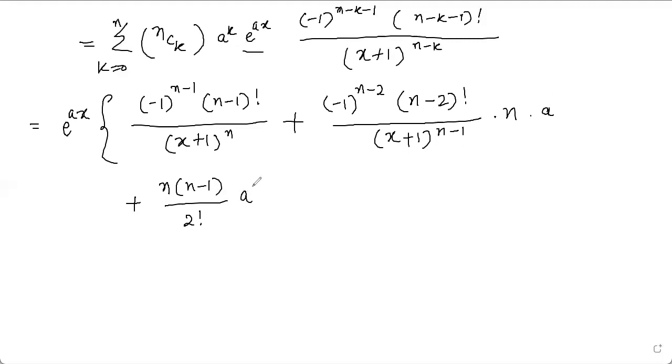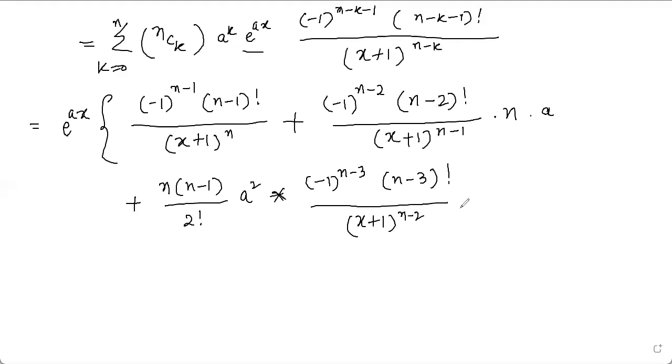Now for k is 2, so a squared, multiplied into (−1)^(n−3) (n−3)! / (x+1)^(n−2).